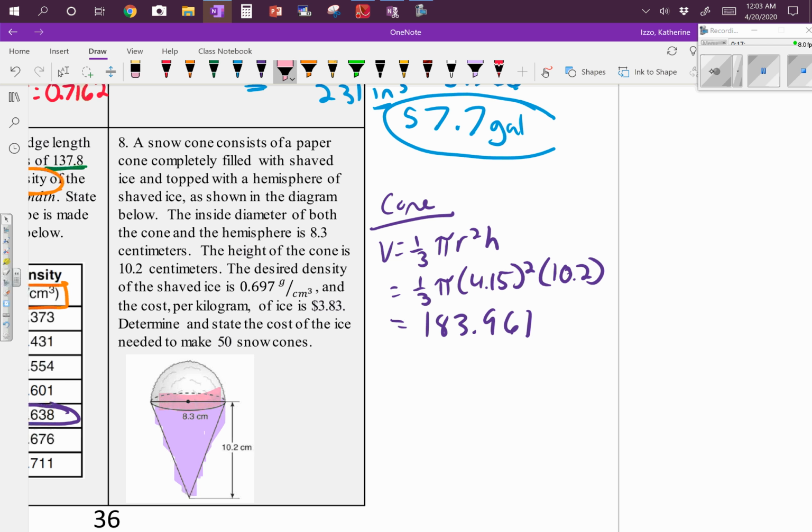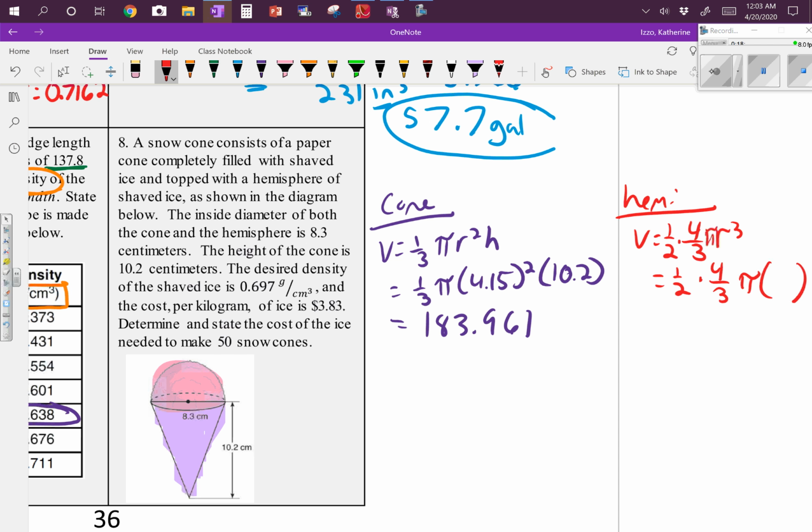Next part, we're going to do this up here in pink. That would be our hemisphere. Our hemisphere is 4/3 pi r cubed, and I want half of that, because half of the full sphere gets me the hemisphere.